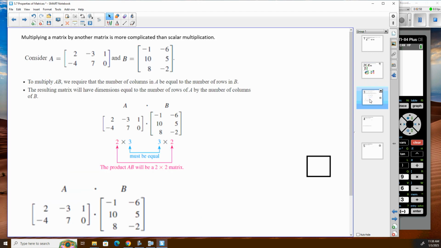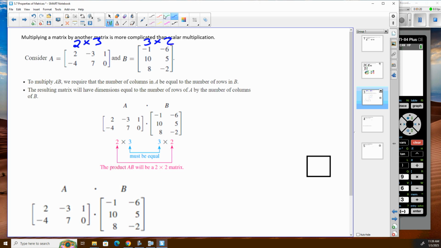Okay, now if they ask you to multiply matrices, the orders don't necessarily have to match in order to multiply, but you do have to make sure you check the orders. So the order of matrix A, this has 2 rows and 3 columns, so it's a 2 by 3 matrix. The order of matrix B, I have 3 rows and 2 columns.